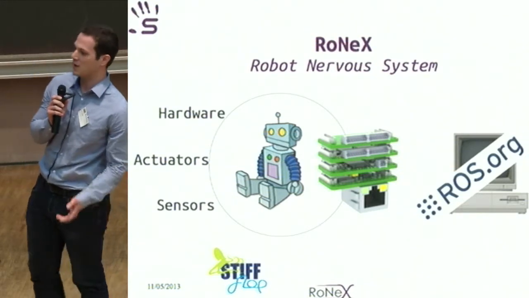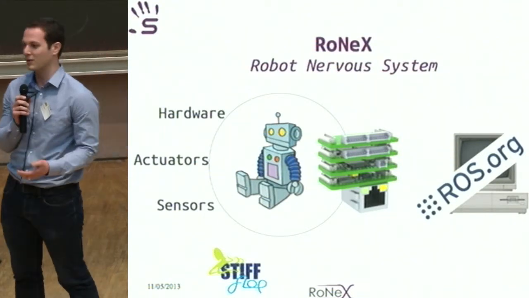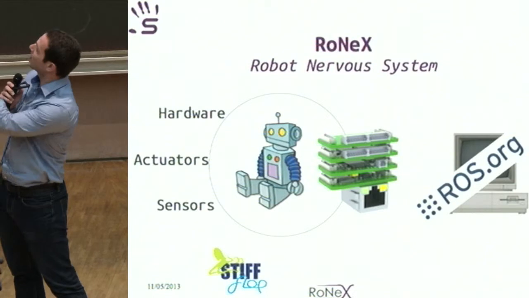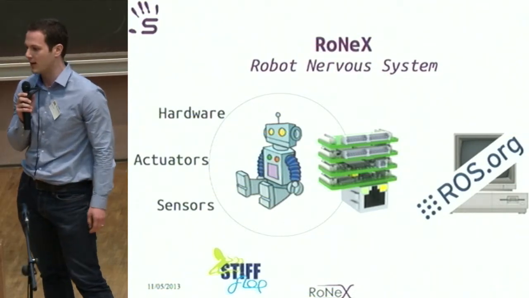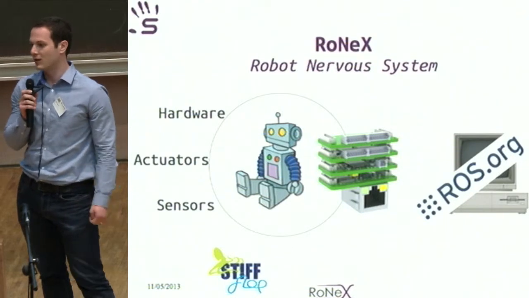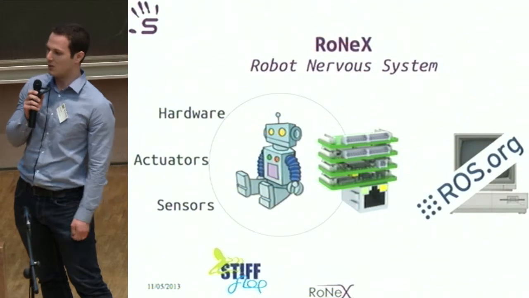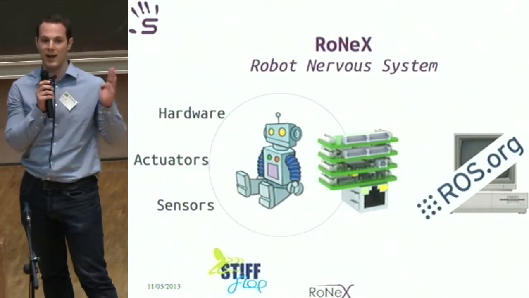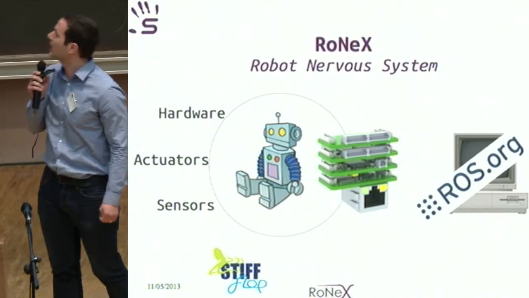What's the principle? When you build a robot, you have actuators, you have sensors, you have lots of hardware. You want to make a nice robot, and you also normally want to talk to your computer to get your algorithm running, etc. What we build is the part which communicates between the actuators, the sensors, and the robot. So this is the green thing you can see on the screen.